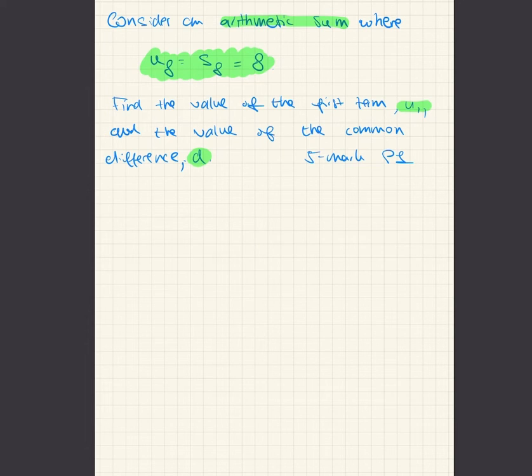So there's a couple formulas that we need to use here. First of all, we know that u of n is going to be u of 1 plus n minus 1 of d, where d is the common difference. That's the second thing we have to find here. We also know the equation for the sum, so S of n is equal to n over 2 of u1 plus un.